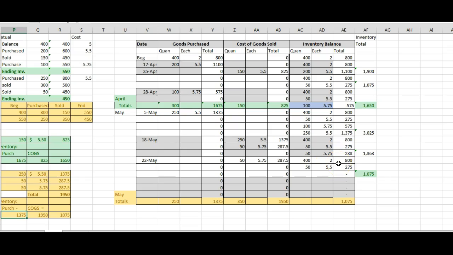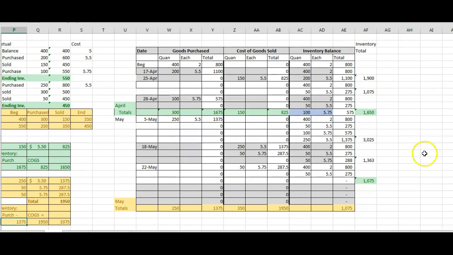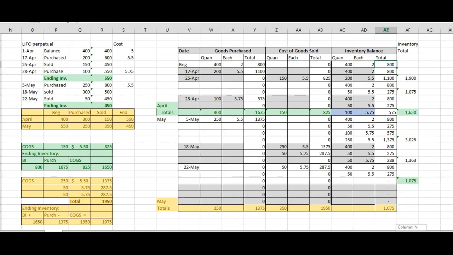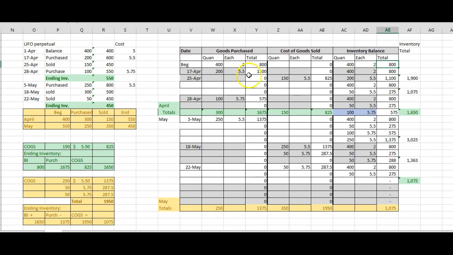This is LIFO perpetual, which means we keep track of it as we go along. So this should look familiar to you. We've done this several times. So we have 400 times 2 as the beginning inventory here. Got that? And I think I'm over too far. I think I need, yeah, that's better, because our calculations are here.